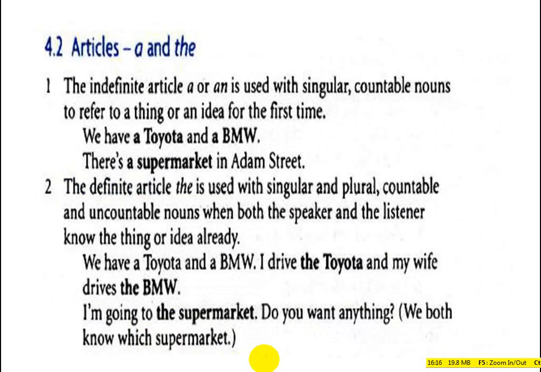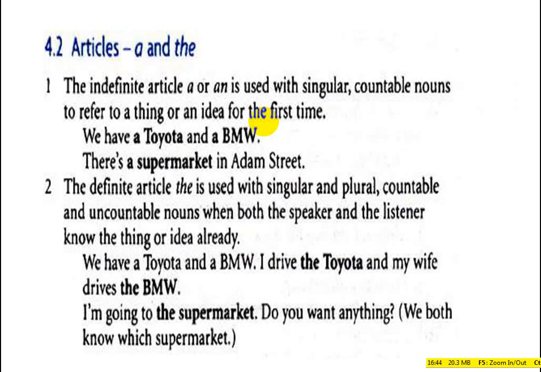Articles, a and the. The indefinite article, هاي يسموها indefinite, a or an, is used with singular countable nouns to refer to a thing or an idea for the first time. So we use the indefinite article a or an when we refer to a thing or an idea for the first time with the singular and countable nouns.